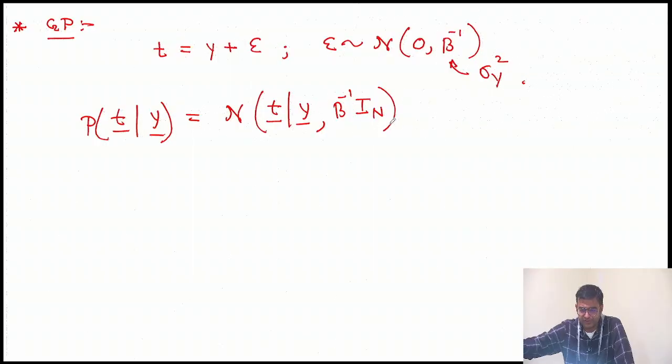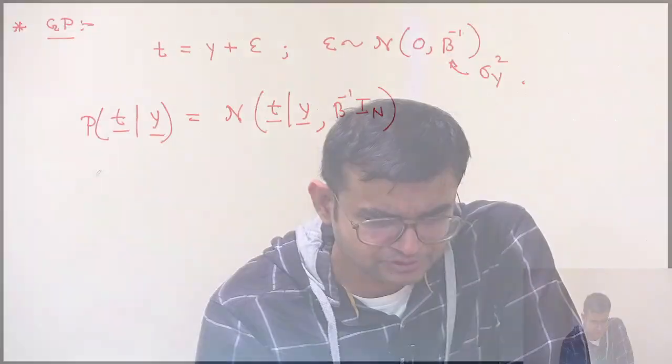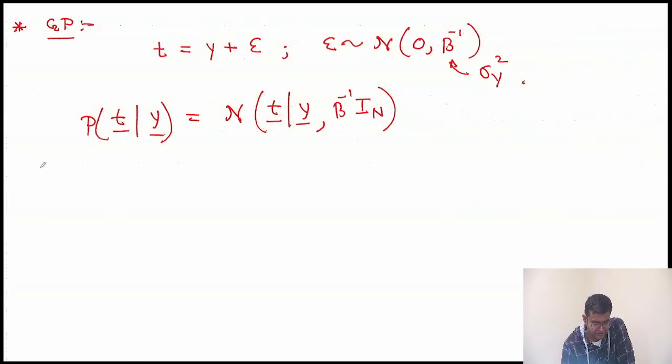We cannot work with this, we cannot maximize this because y is unknown. So what we do is we assign a prior on y, and we go the Bayesian route of doing things, and that's what we do. So this was the likelihood. The next step is the prior, and this is all recap from last time.